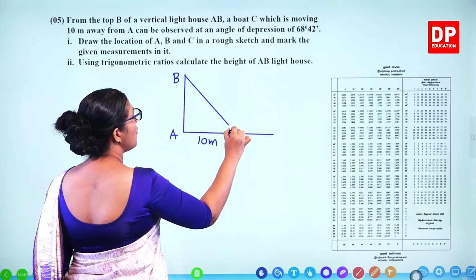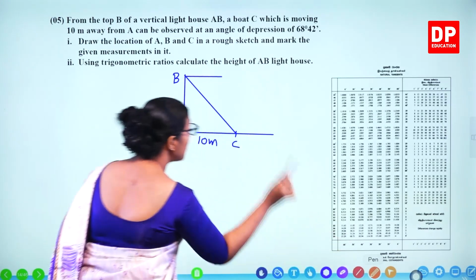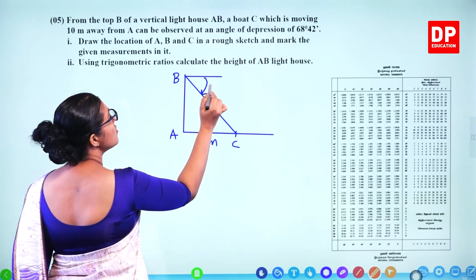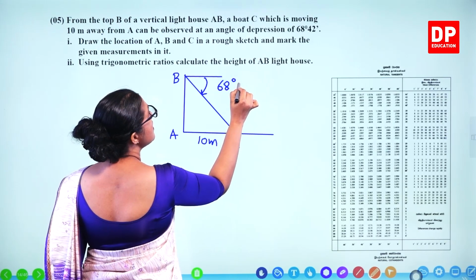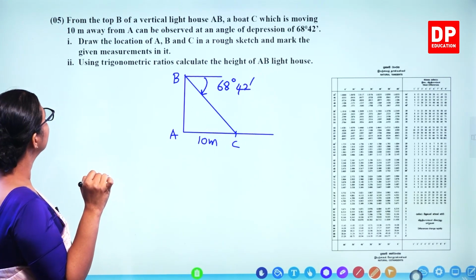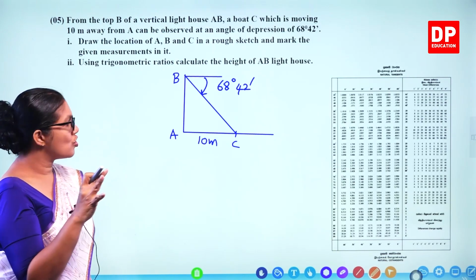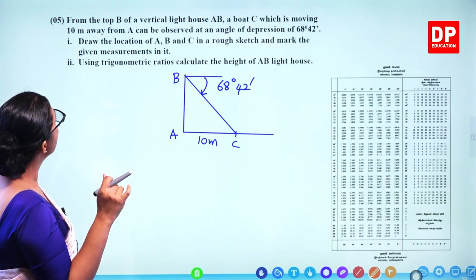So, angle of depression means you have to draw the horizontal line and mark this angle looking down, 68 degrees and 42 minutes. That's this angle. So, this is the sketch. So, marking ABC.